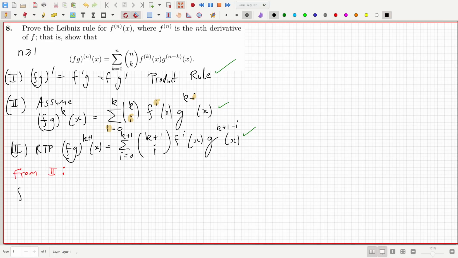So that is f g k, and we'll apply a derivative.